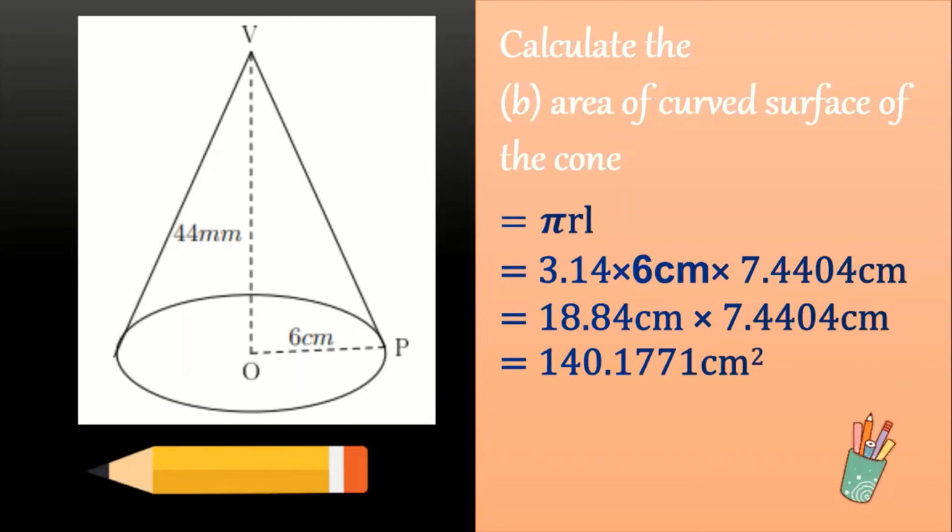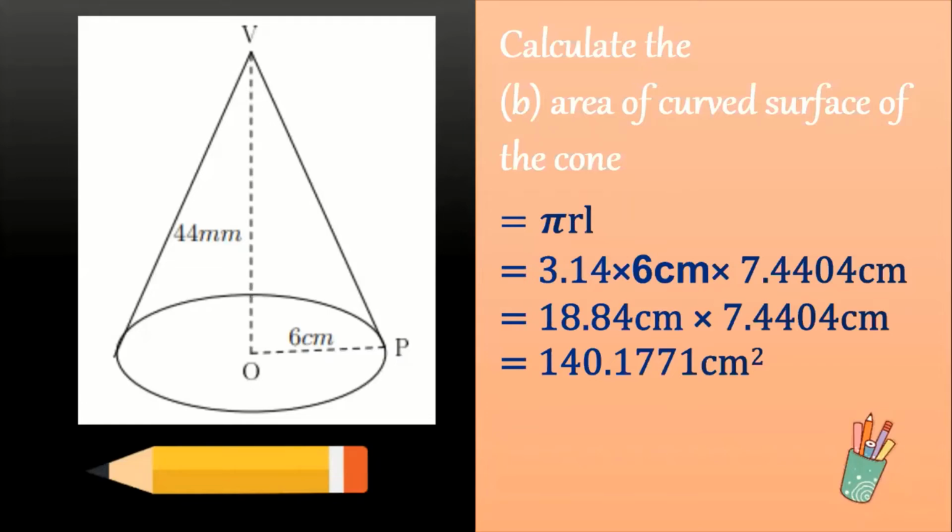The formula for finding that is pi r L. We have our pi as 3.14 multiplied with our r, which is 6 centimeters, times the L. L is the slanting height, VP, which we found in the previous example as 7.4404 centimeters.